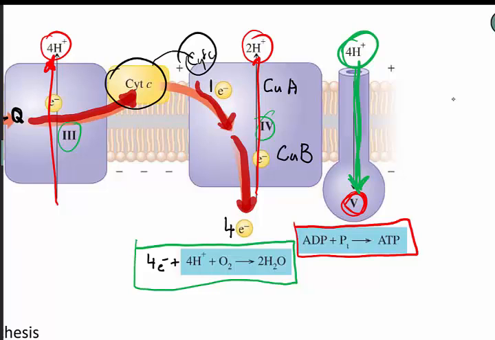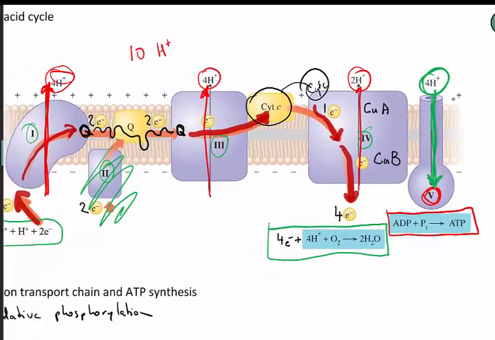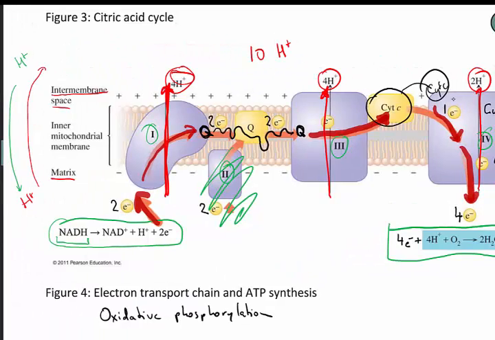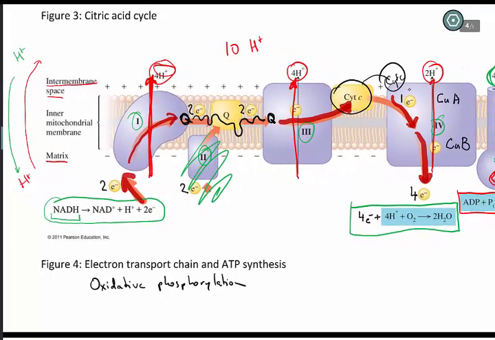So those are the details of the electron transport chain and ATP synthesis. Again, together we call those oxidative phosphorylation because we're using a redox process to phosphorylate ATP or turn ADP into ATP.